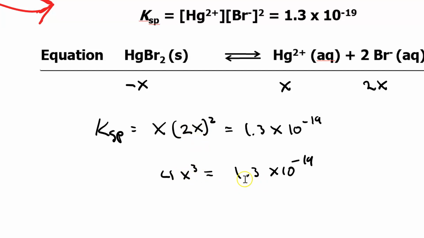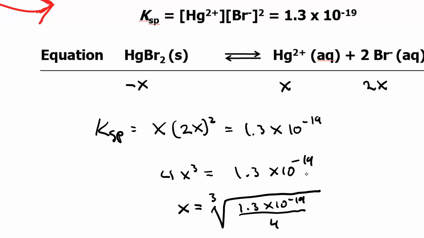So now we want to divide both sides of this equation by 4 and then take the cube root. And we get x equals the cube root of 1.3 times 10 to the negative 19th divided by 4.